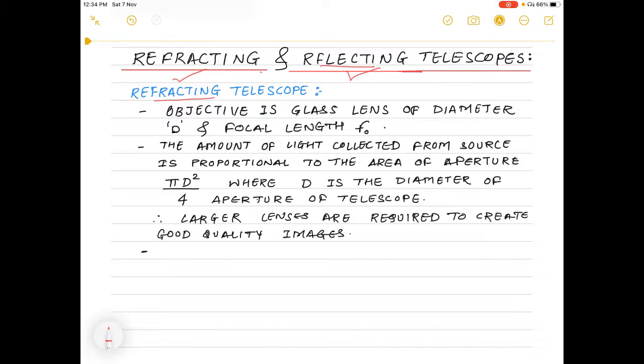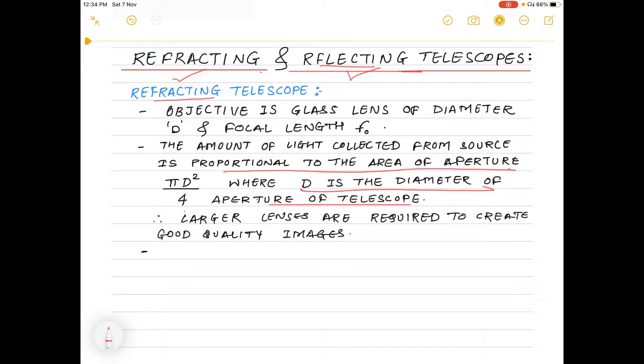That focal length has to be huge, and the diameter of the lens has to be large, because the size of the image of the object that this telescope is going to make depends upon the diameter of the objective. The amount of light which is collected from the source is proportional to the area of the aperture, that is pi d square by 4, where d is the diameter of the aperture of the telescope.